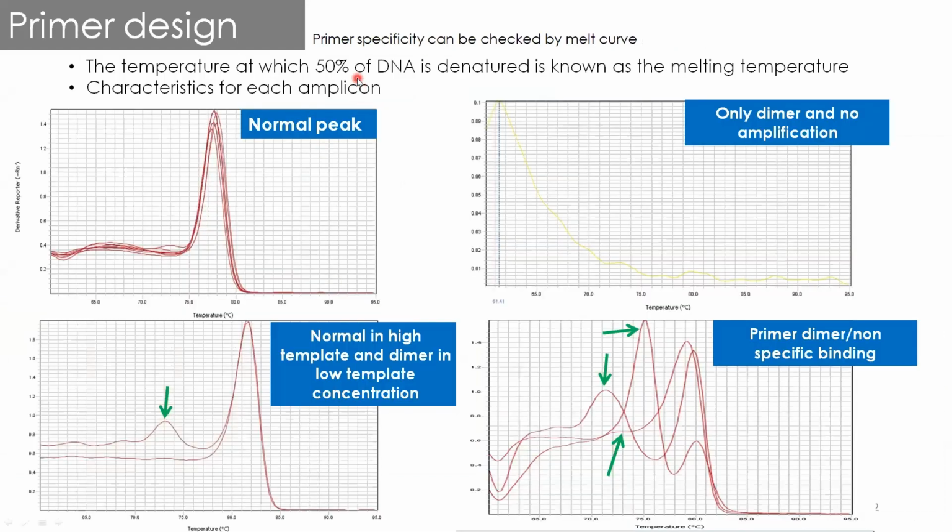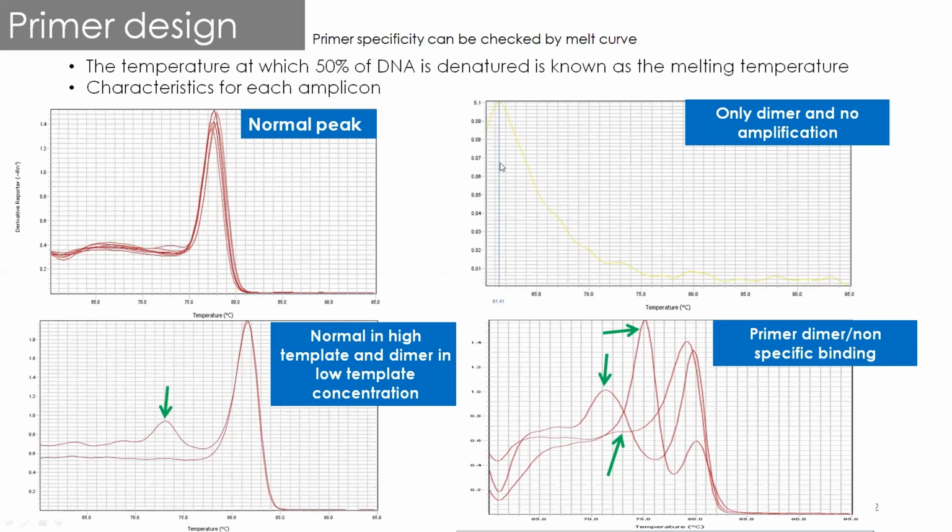To check the specificity, what you need to do is the melt curve. Now we know that the melting temperature, or Tm, means the temperature at which 50% of the amplicon is melted, or separated, and that gives a peak, which is characteristic for each amplicon.